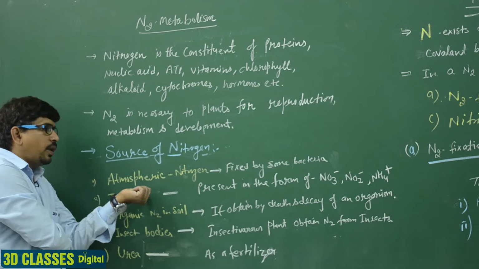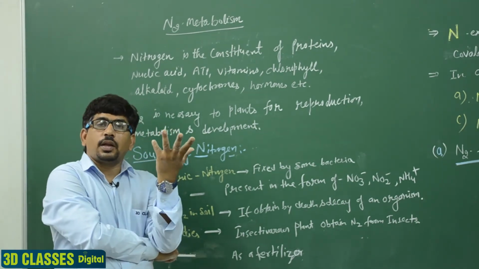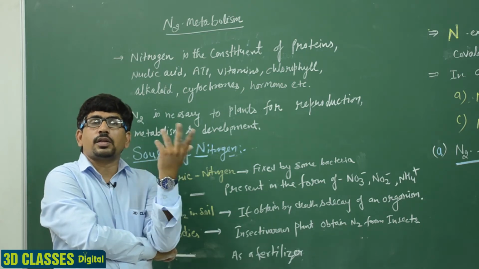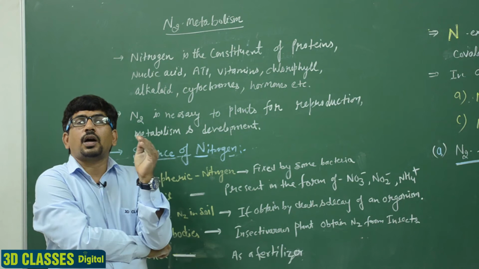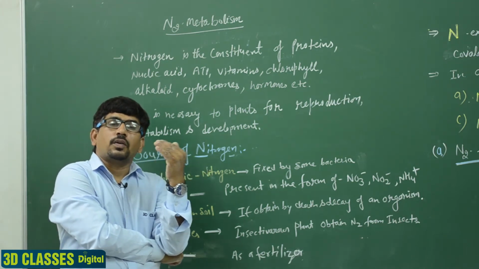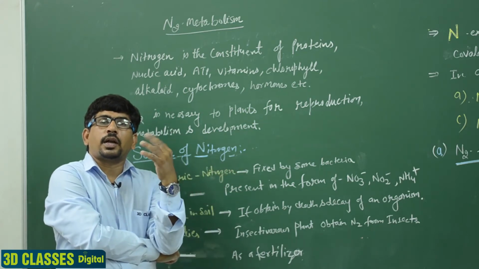Second, in soil, due to the rain, due to the lightning, due to ultraviolet rays, the nitrogen is present in the form of different ions: nitrate, nitrite.